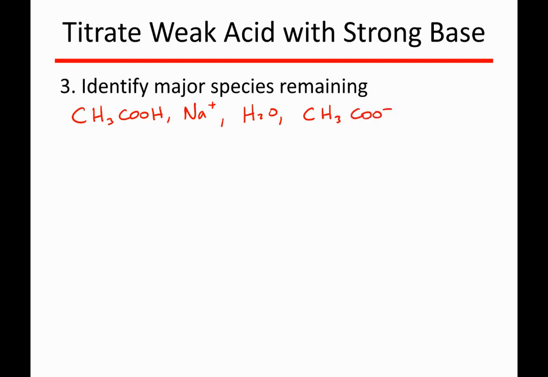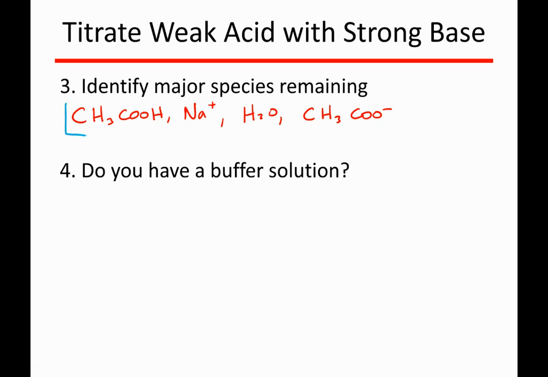Now, having done that, we're going to ask ourselves, is this a buffered solution? And because we see that we have a weak acid and its conjugate base as major species, we now have a buffer here, right? So it wasn't a buffer before adding the sodium hydroxide, but by adding the sodium hydroxide, we've made a buffer. And since this is a buffer, we can use the Henderson-Hasselbalch equation to find the pH.